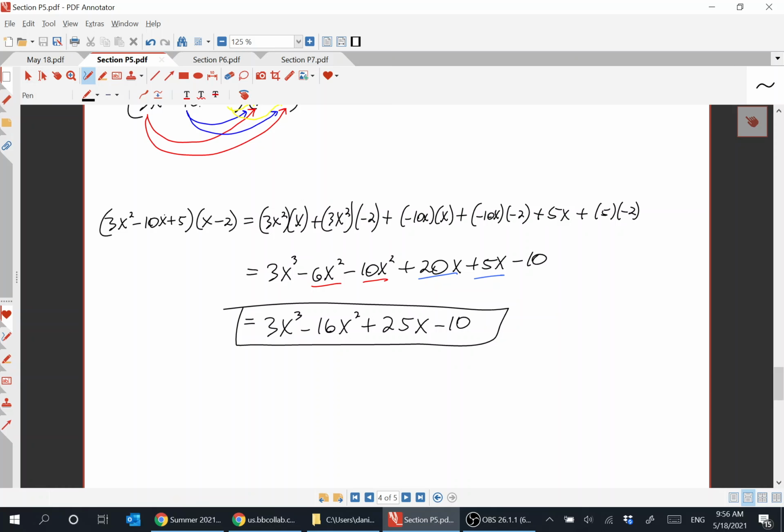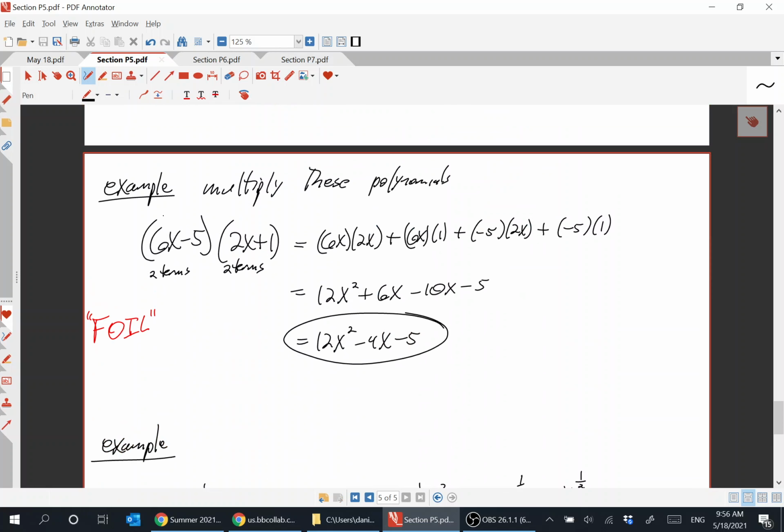The mnemonic that is taught in high school, FOIL, first, outside, inside, last, I'm not sure why it's still around. They were saying FOIL since before I was born, and they were saying it while I was in school. But when you have a polynomial with 2 terms times another with 2 terms, then you multiply together the first terms, the inside terms, the outside terms, and the last terms.